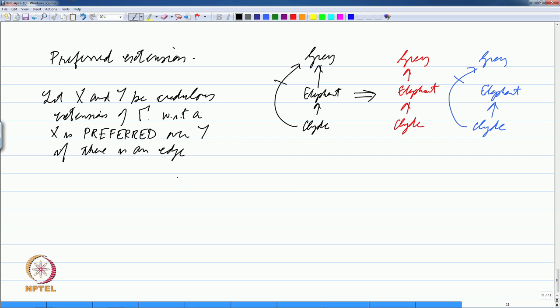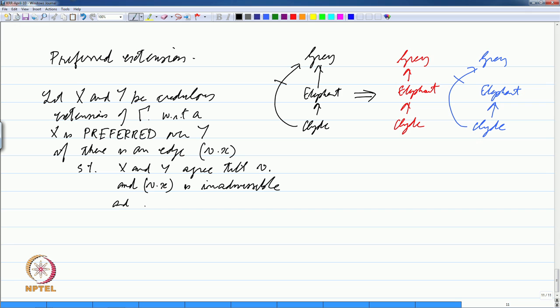So, if there is an edge v dot x such that x and y agree till v, and v dot x is inadmissible and v dot x is in y.